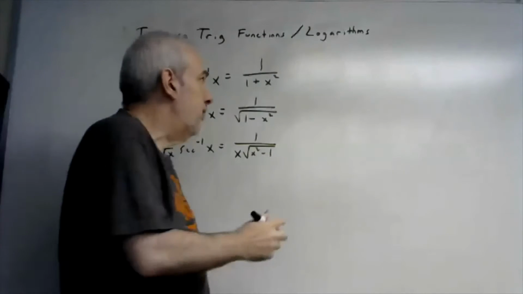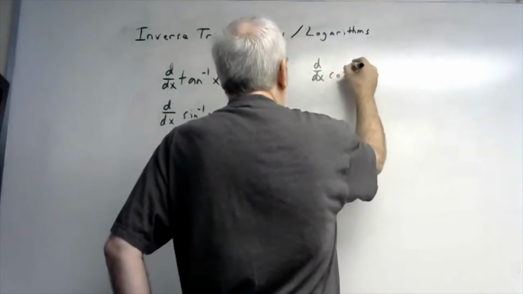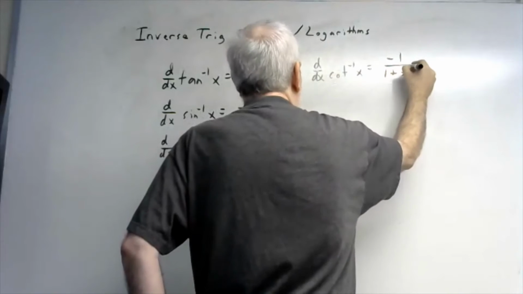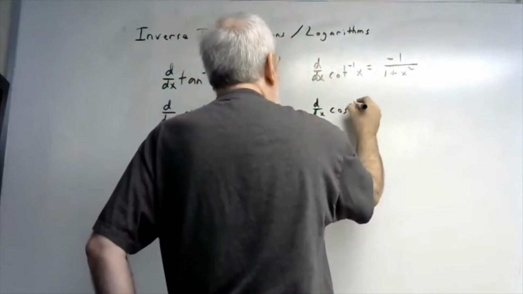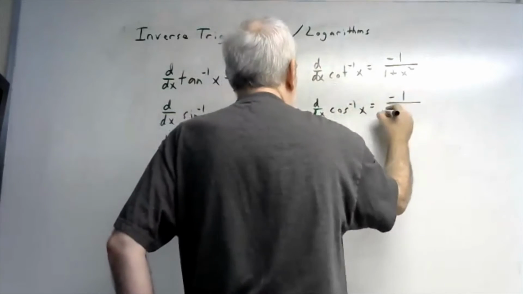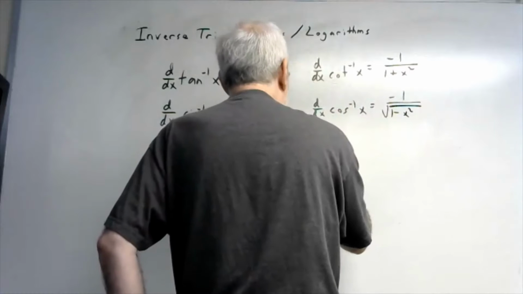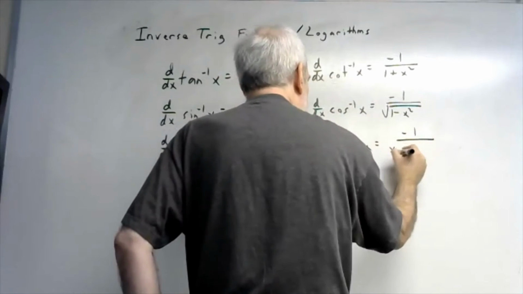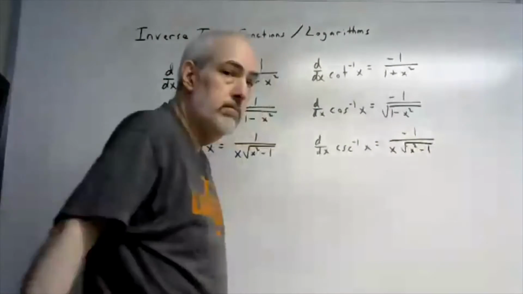Let's write those down. So we've got inverse cotangent, whose derivative is negative 1 over 1 plus x squared. We've got inverse cosine, which is negative 1 over square root of 1 minus x squared. And we've got inverse cosecant, which is negative 1 over x square root of x squared minus 1.